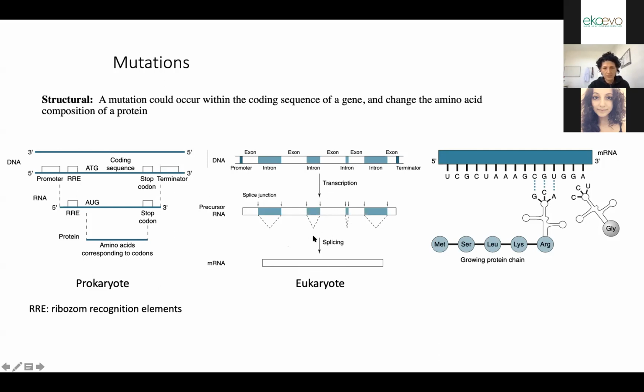And in this splicing process, sometimes errors happen, sometimes not all the introns are spliced out, so the new mRNA can have the intron. So it is a kind of mutation also in the sequence.